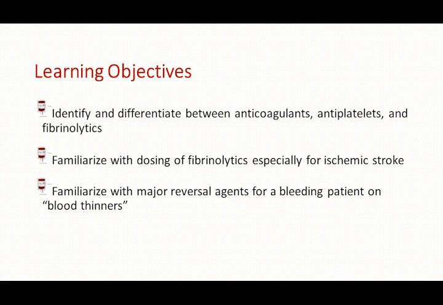I have a few slides that are heavy on pharmacology, but I just want you guys to focus on being able to recognize and know which agent is which. So that will probably be about 60 to 70% of this lecture.